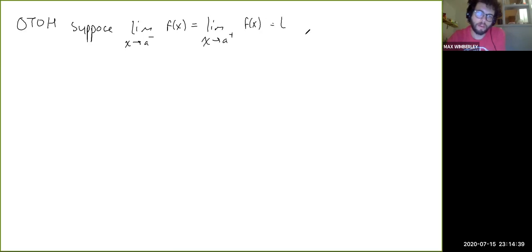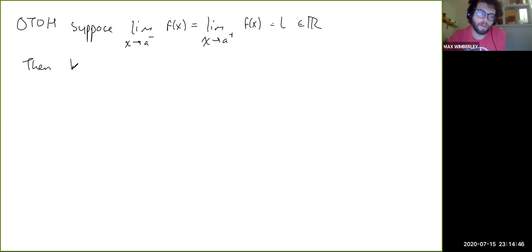On the other hand, suppose the limit as x approaches a from below of f of x equals the limit as x approaches a from above of f of x equals L, a real number, again finite.